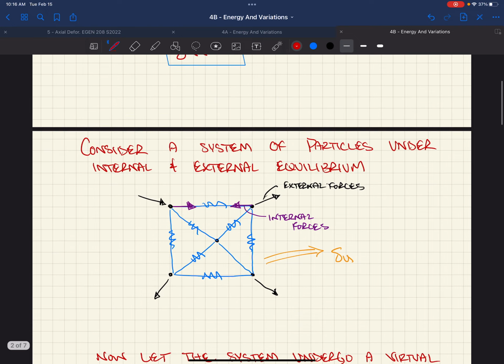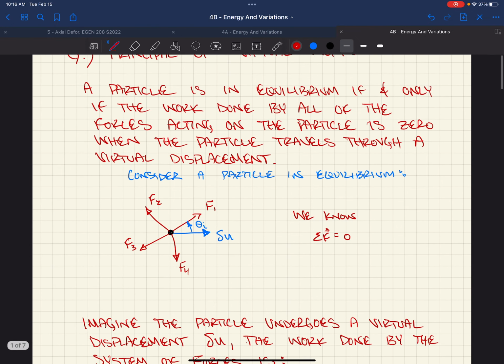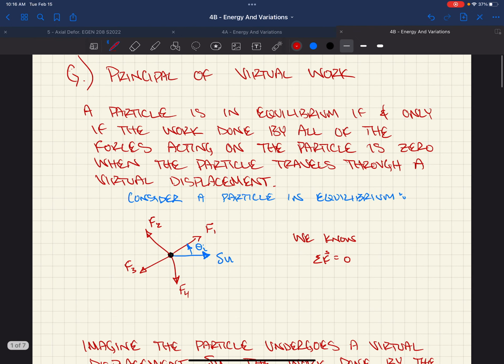This principle says a particle is in equilibrium if and only if the work done by all of the forces acting on the particle is zero when the particle travels through a virtual displacement. So if that particle moves, the work done by all the forces on that particle, whether they're internal or external, all of them summed together must equal zero. If there's an imbalance, then that means it's not in equilibrium.